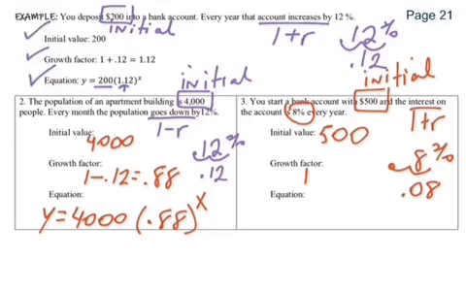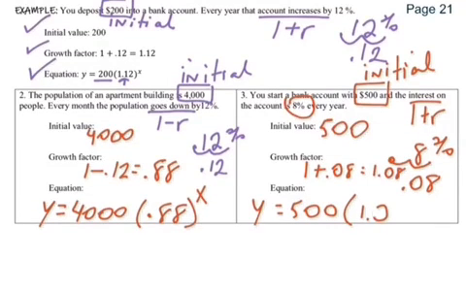The growth factor is 1 plus 0.08, which is 1.08. And my equation would be y equals my initial amount, parentheses, my growth factor 1.08 raised to the x power.